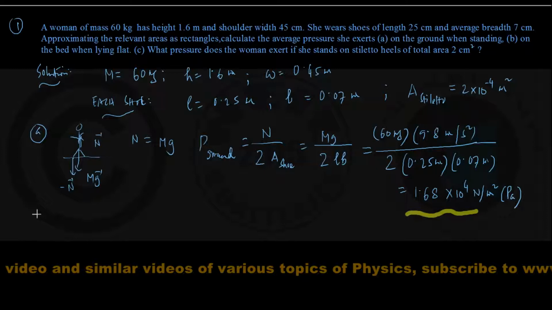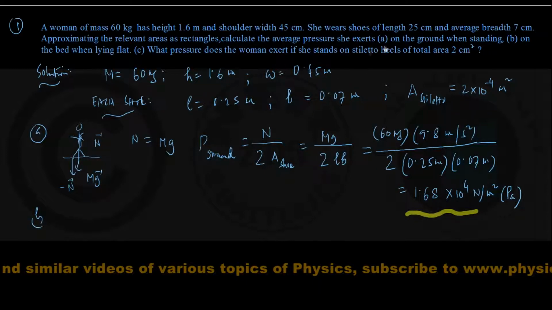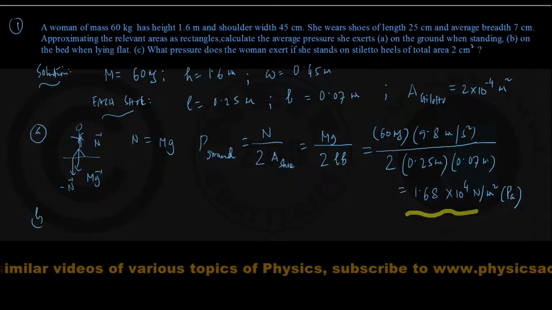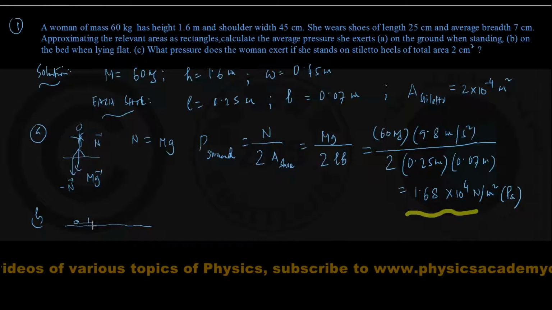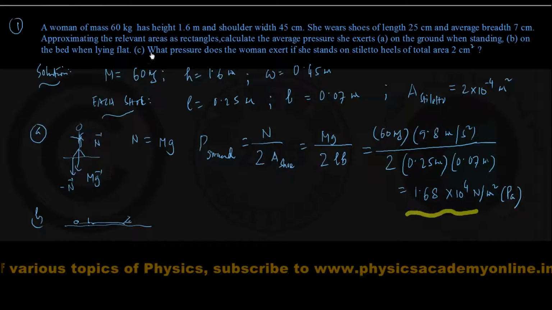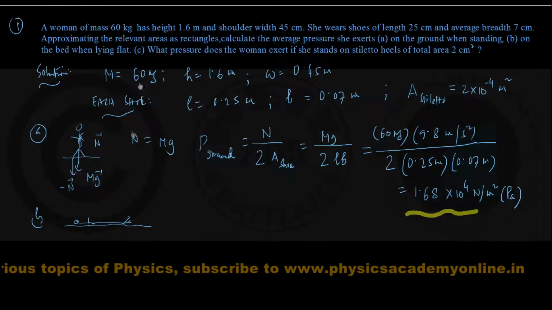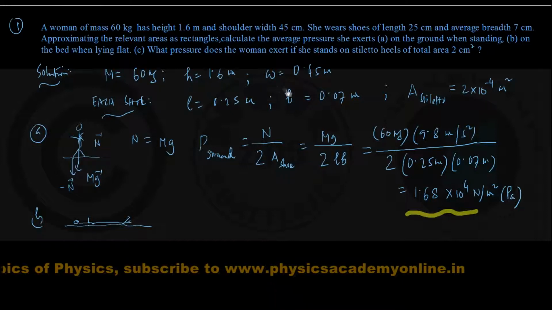Moving on to part B of the question, they are asking what is the pressure exerted by her on the bed while lying flat. As she is lying flat, I'm drawing just a basic figure to understand, we can approximate the area of our body in contact with the bed to be a rectangle of dimensions height into shoulder width.